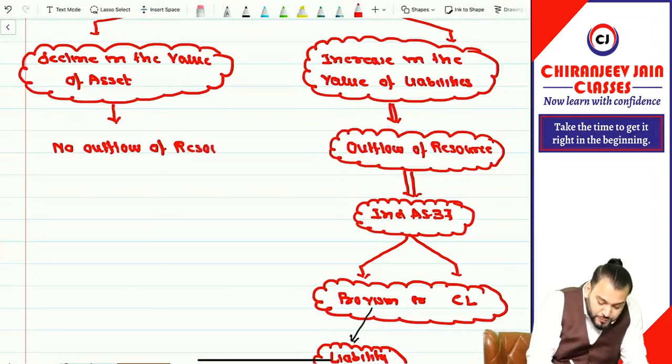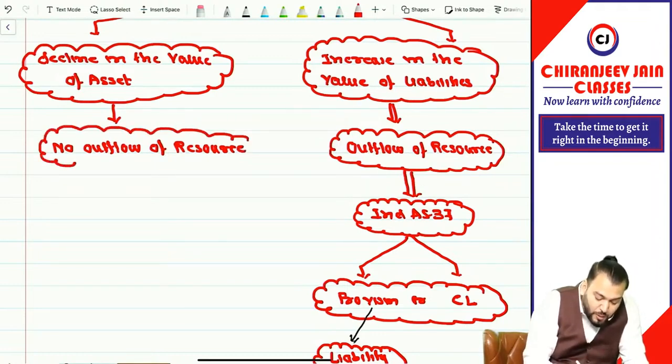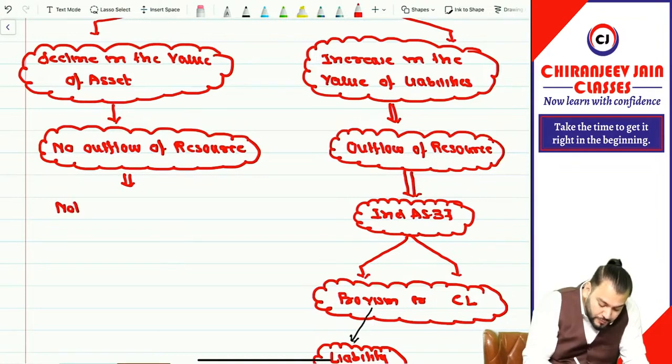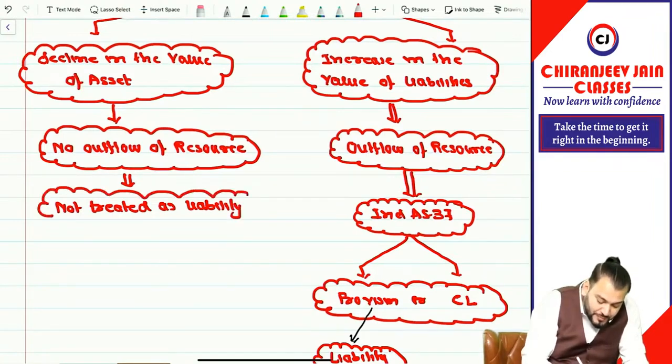If I am saying it will not result in any outflow of resource, it means it is not treated as liability.